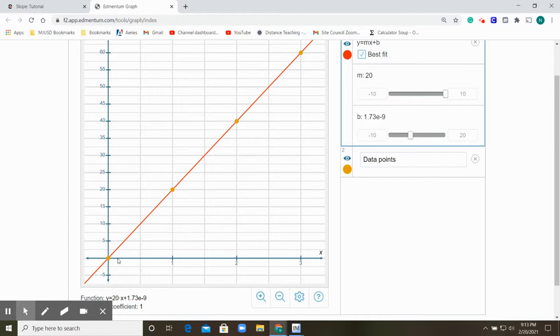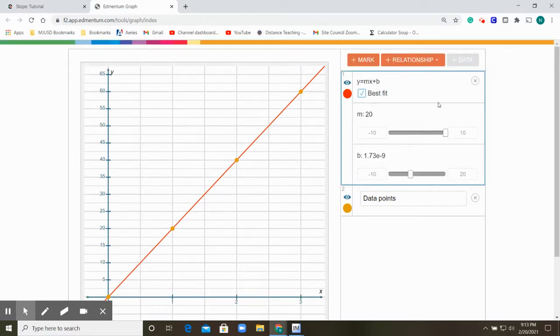Notice that for every one trip, we have 20 riders. For every 2 trips, we have 40 riders. For every 3, we have 60, and it's a straight line.